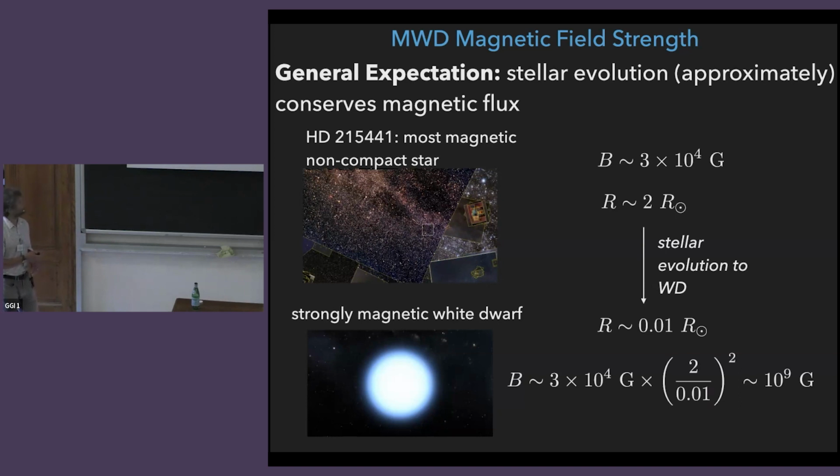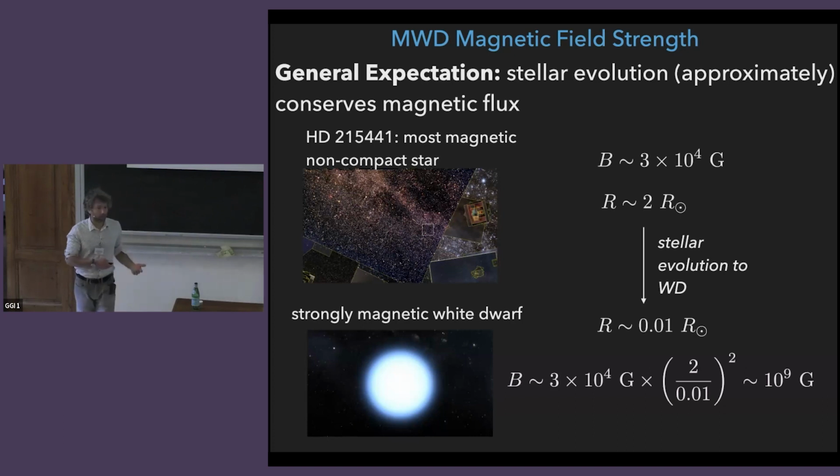It's a normal star. And let's suppose that the star becomes a white dwarf. So its radius is going to drop to 0.01 solar radii. Then for the magnetic flux to be conserved, the dipole strength should increase like the ratio of those radii squared. And so you put in the numbers and you end up with a number right about 1,000 megagauss, 10 to the 9 Gauss.